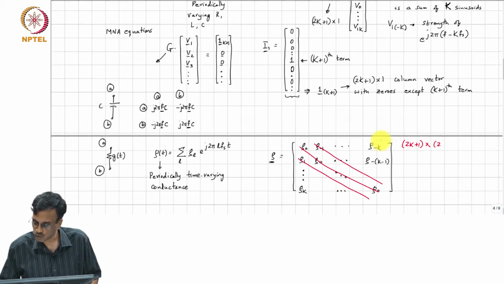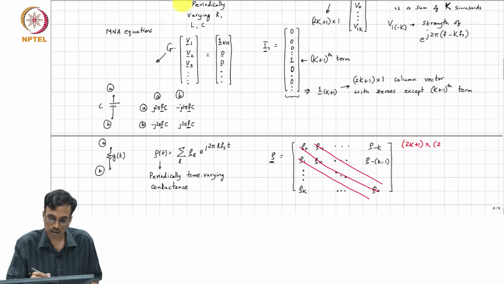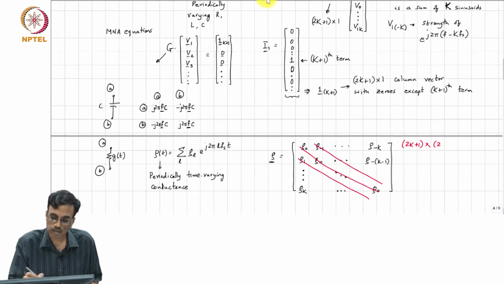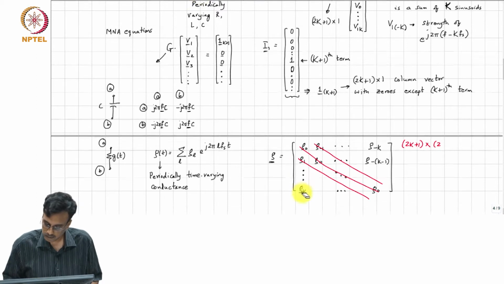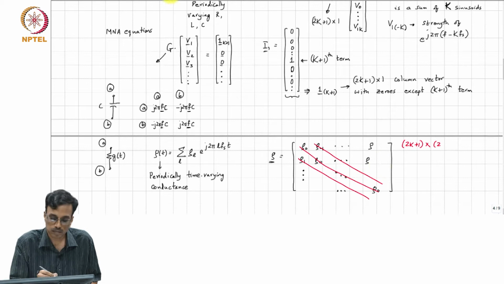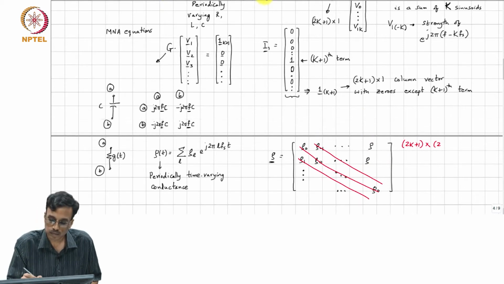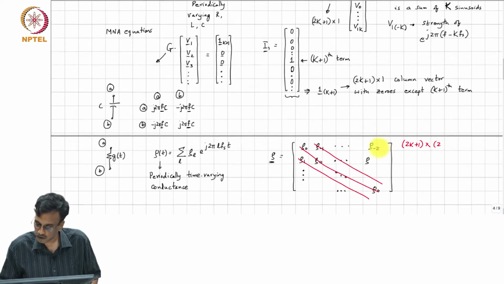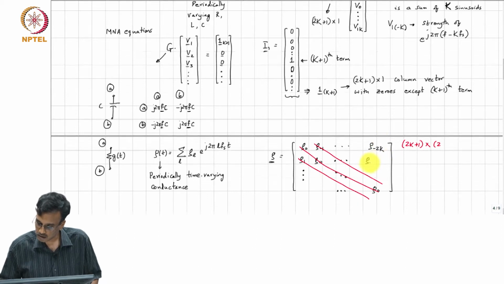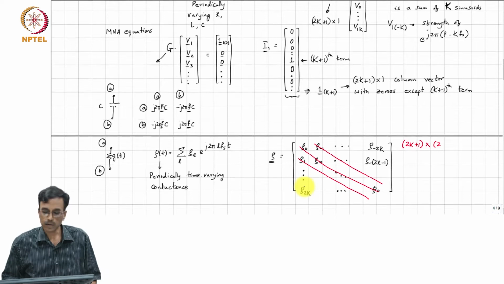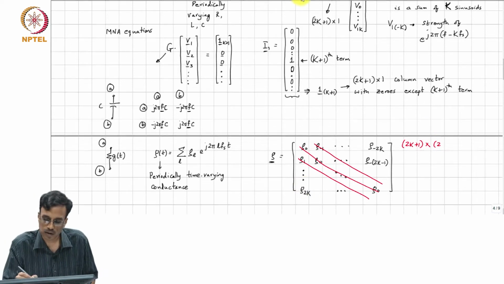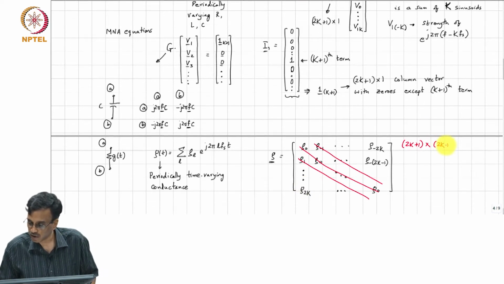Sorry, this must be minus 2k: G minus 2k, G minus 2k minus 1, and this becomes G 0. All right. So, this is a 2k plus 1 cross 2k plus 1 matrix.